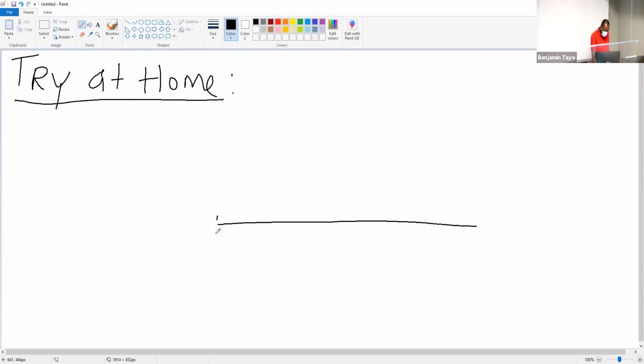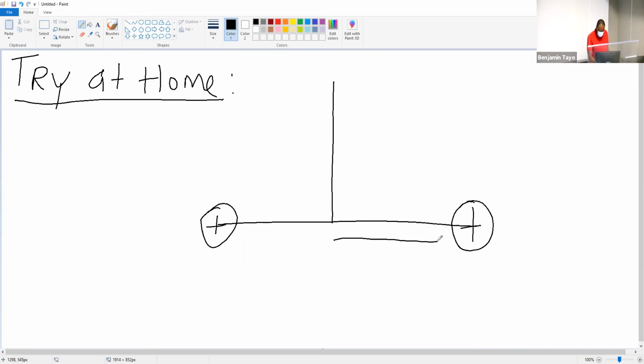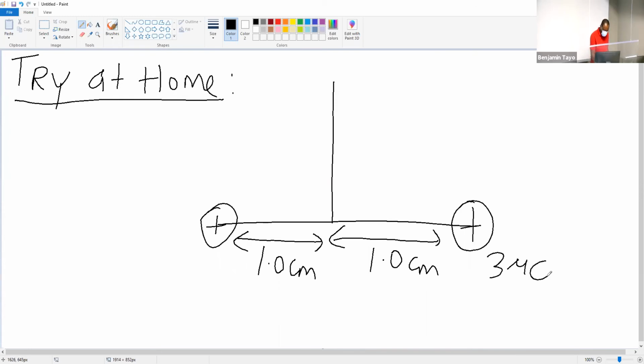Let's say that I have a charge here. Distance from here to here, 1.0 centimeters. Distance from here to here, 1.0 centimeters. This charge is equal to 3 microcoulombs. This charge is equal to 3 microcoulombs.